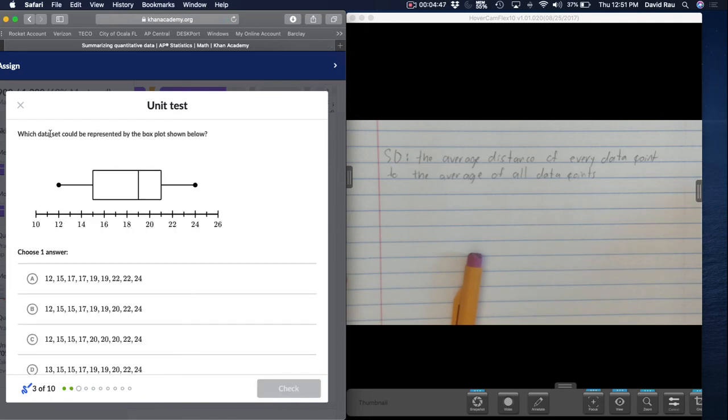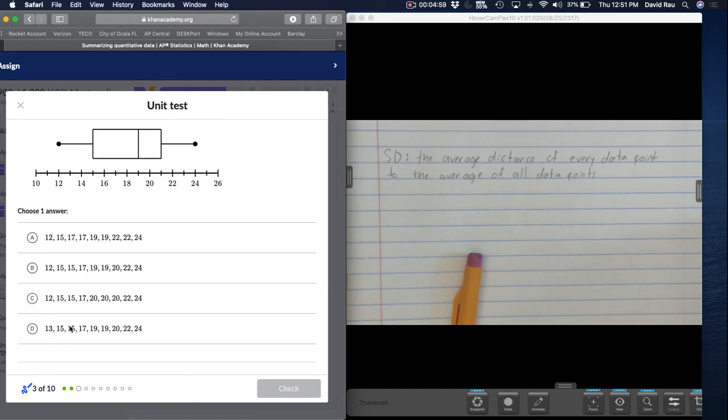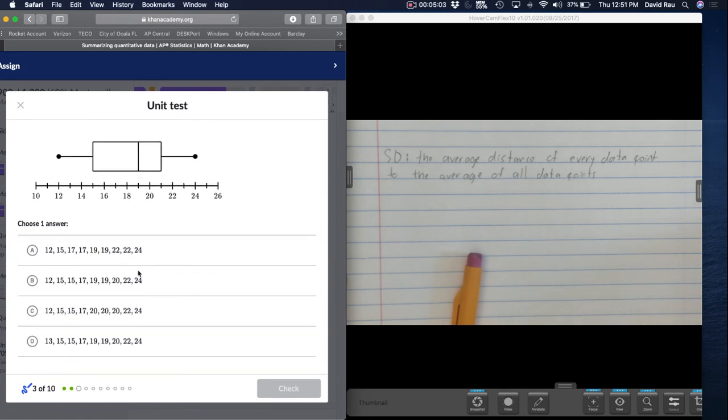All right, up next we have to say which data set could represent the box plot. This is probably going to be the worst example, just because you do have to do a lot of work here. But the minimum is 12, so we can knock out answer choice D right off the bat. The maximum is 24. Then remember that this bar right here and this bar right here are the first quartile and the third quartile, and this is what we call the median.